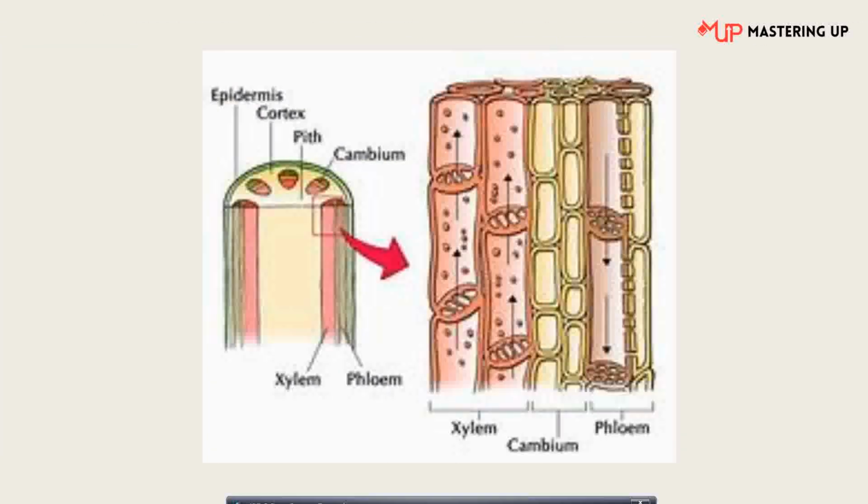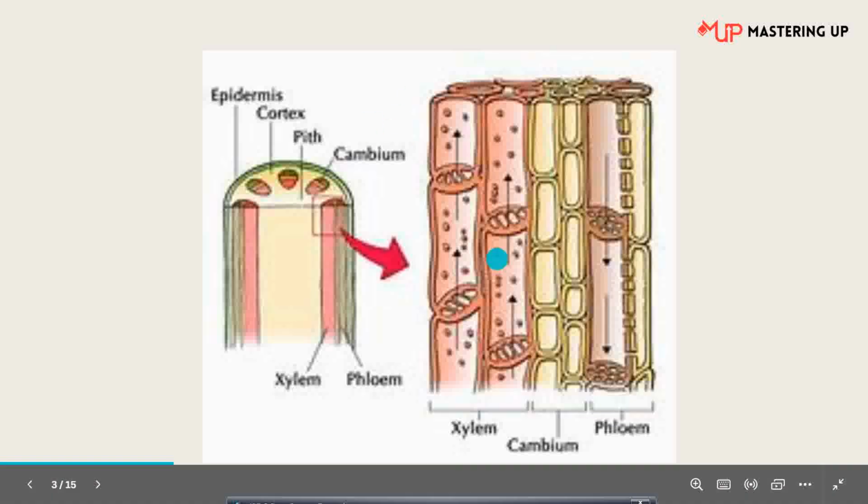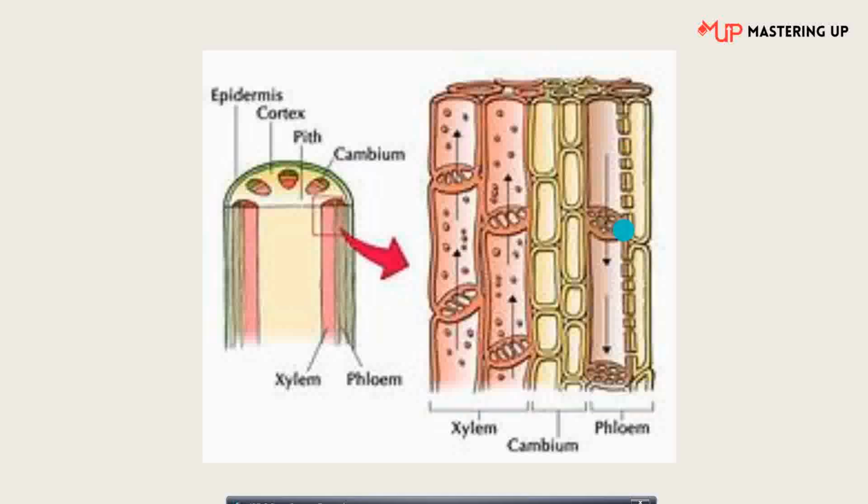Now this is basically the structure of the vascular cambium and all. You can see here we have xylem and we have phloem. Here you can see the arrows. In xylem the upward arrow is showing, and in phloem a downward arrow.